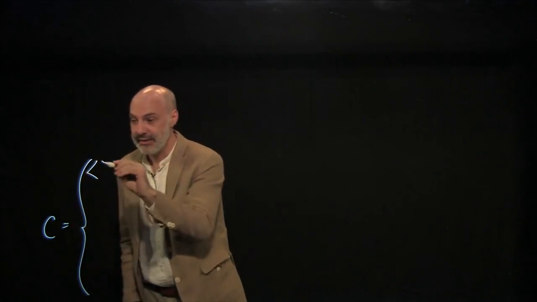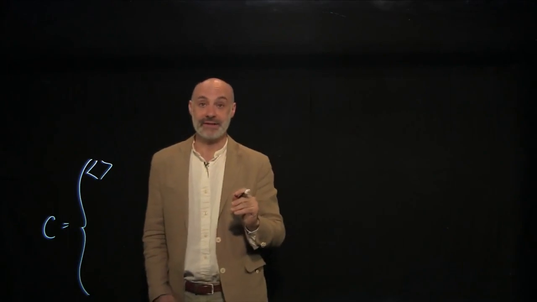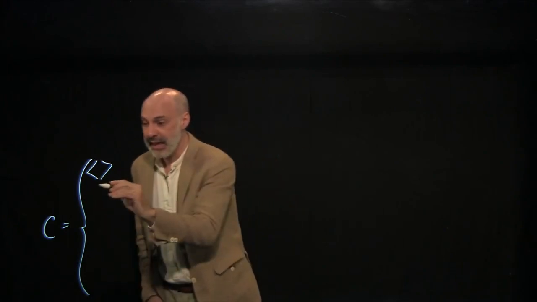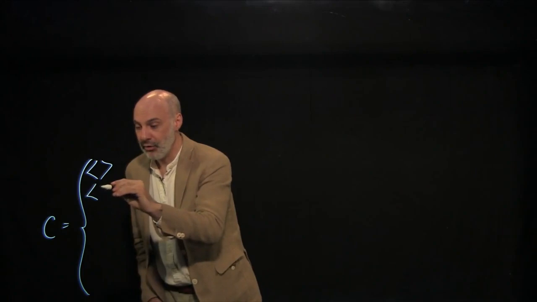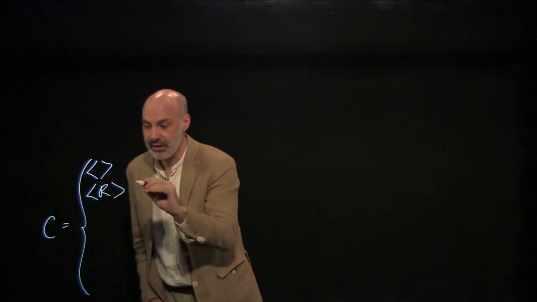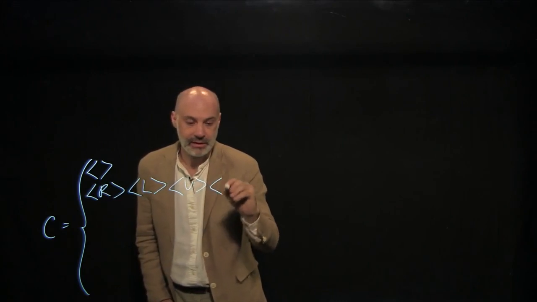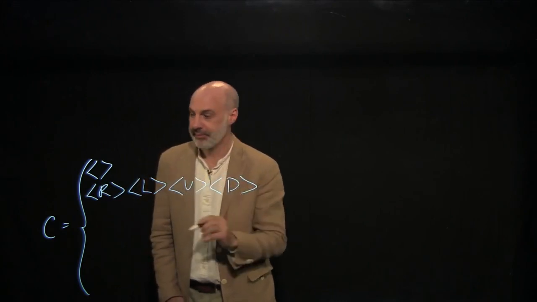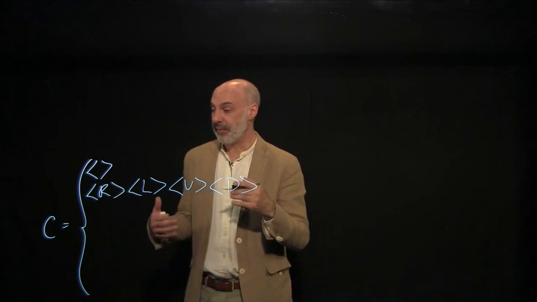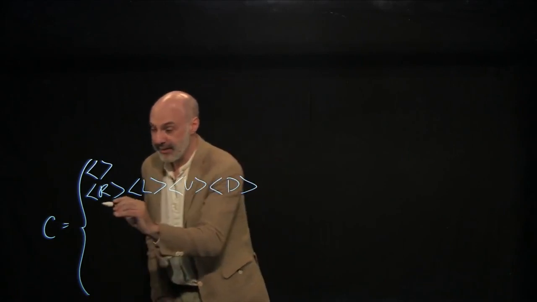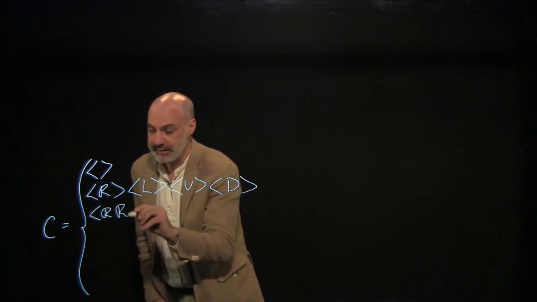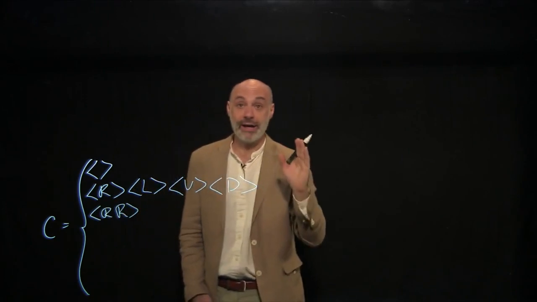So we have the empty path, which starts at the center and goes nowhere. And then we have 4 one-step paths: right, left, up, down. And then we have a bunch of 2-step paths: right, right. There's, of course, no right, left.